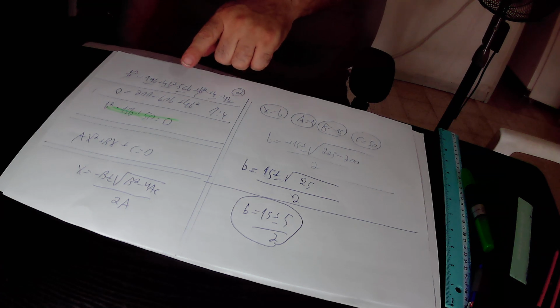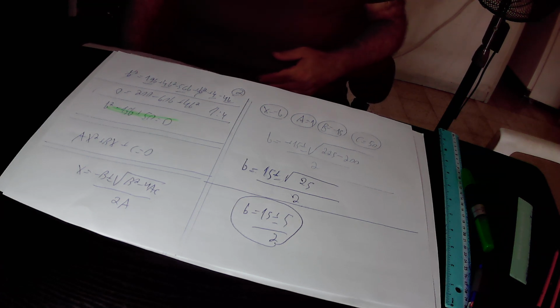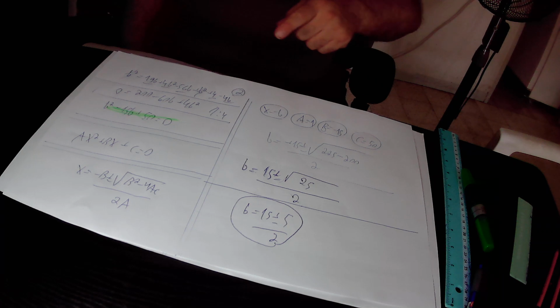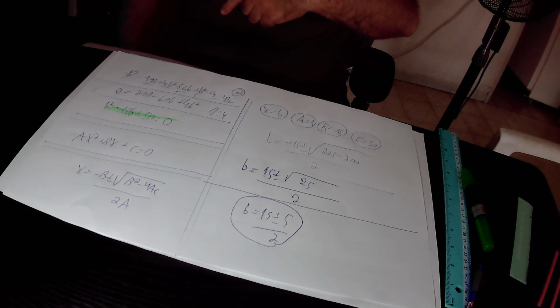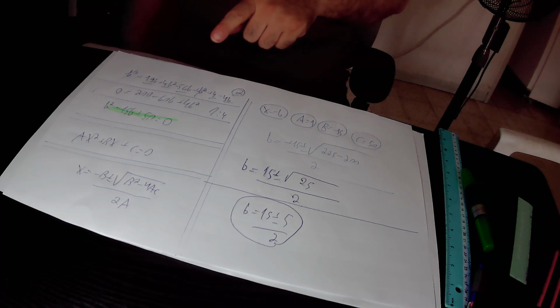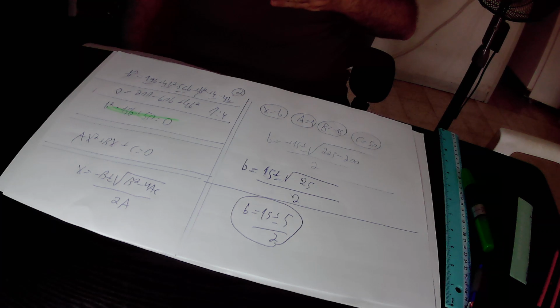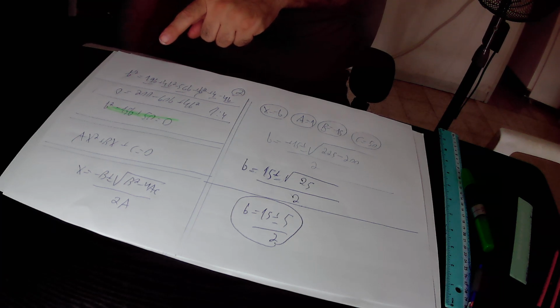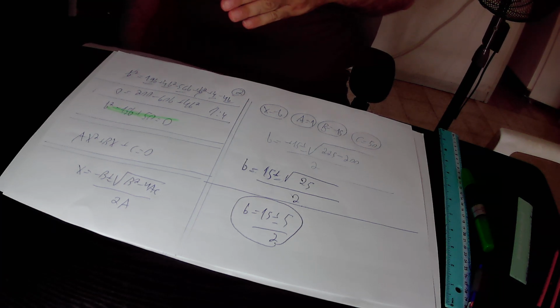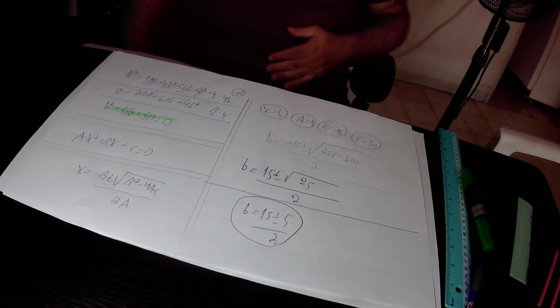And the coefficient c equals 50. The only thing left to do is to put this data in the general formula. This way we find the values of b, because b is the variable that we are looking for in our specific quadratic equation.